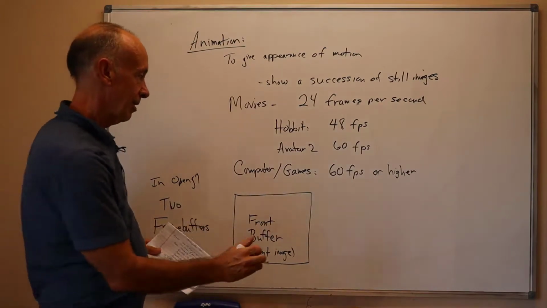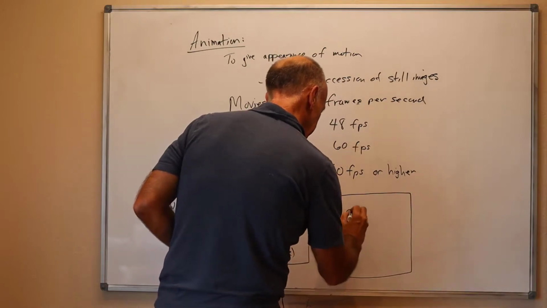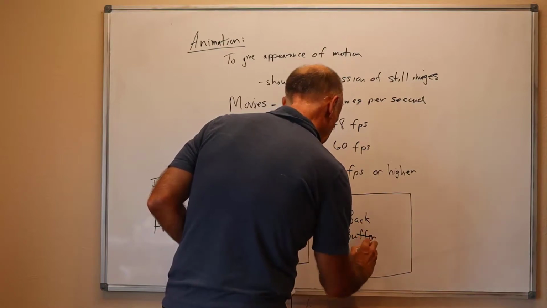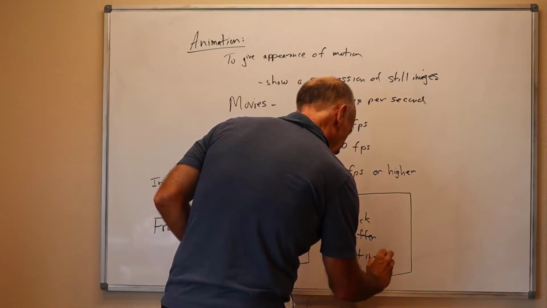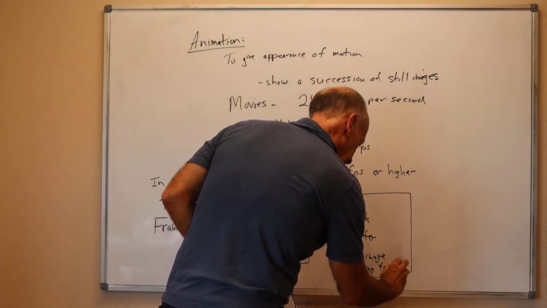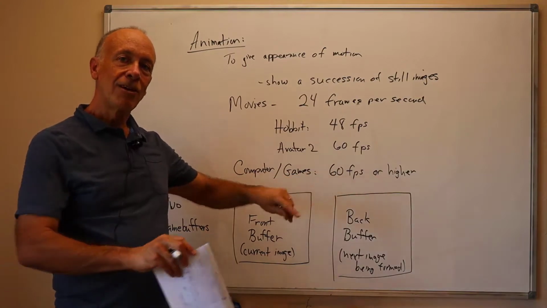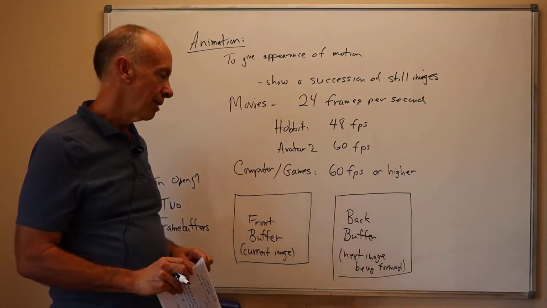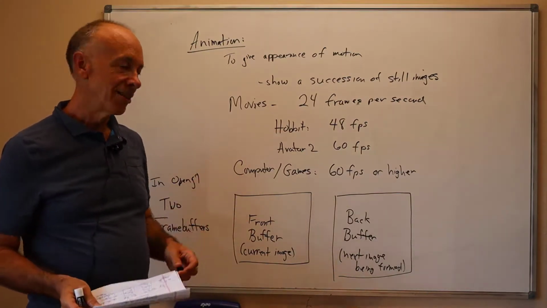While the user's looking at that, the computer is working on a back buffer, which is a completely independent section of memory. And this is the next image, which is being formed, being created. So for instance, with the depth buffer method, if you were to look at the back buffer, you would see triangles start appearing and then other triangles overwrite them. And then eventually the whole scene would be there. All that should happen in less than a 60th of a second.